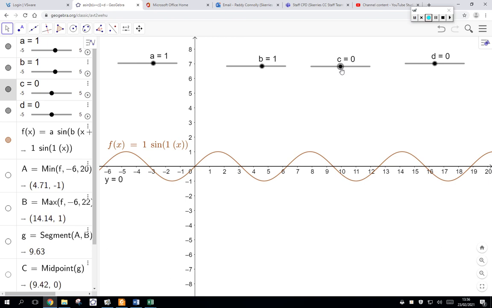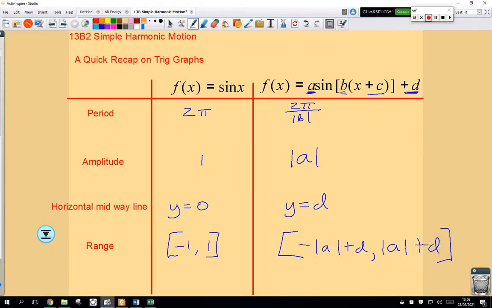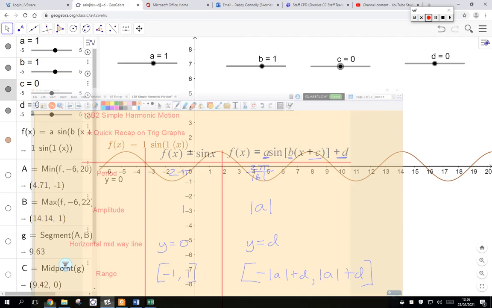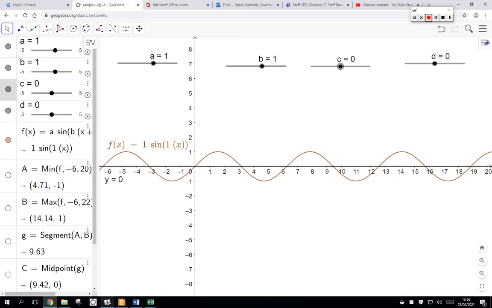Okay, if we add to x, we go left. Subtract from x, we go right. But it doesn't actually affect any of the big 4 things: the range, the midway line, amplitude, period. And you've got to be able to look at pretty much any function without being given the graph and figure out these things.